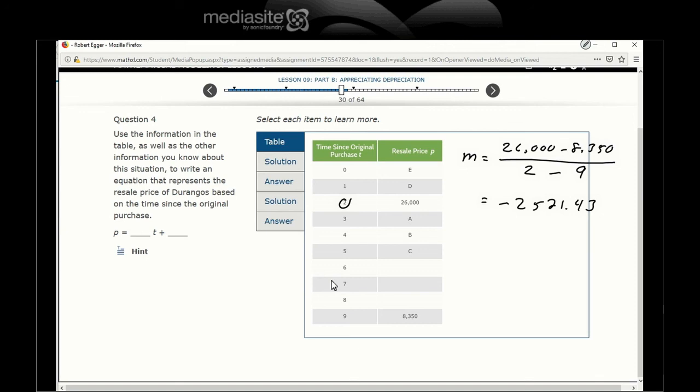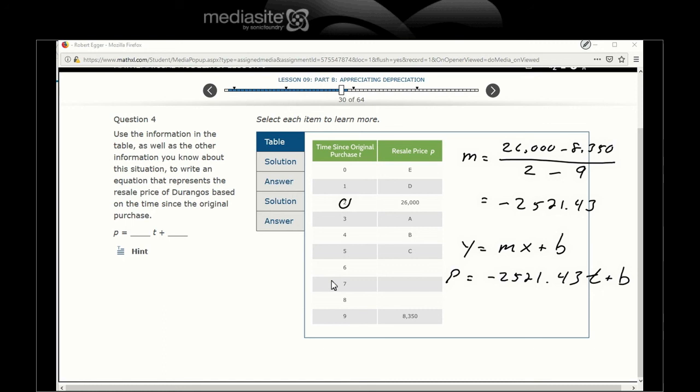Now, assuming a straight line, we know right away it's going to look like mx plus b, with b being the y-intercept. We know the slope. So p equals mt plus b. We know a point.